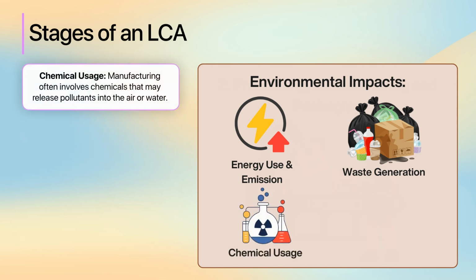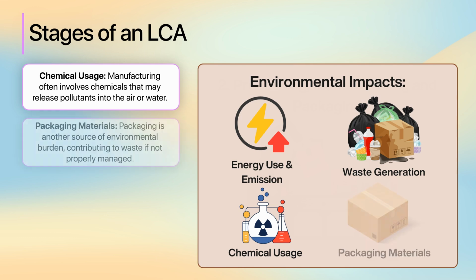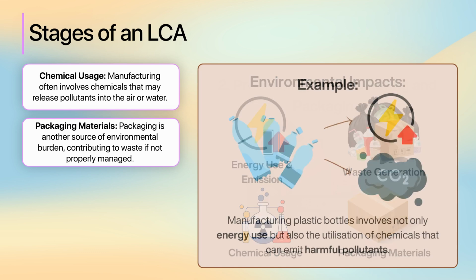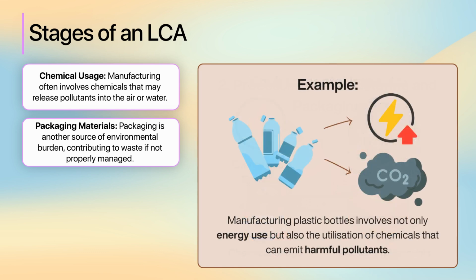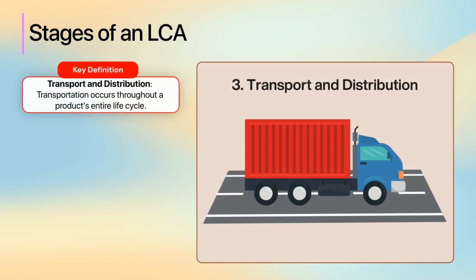Manufacturing often involves chemicals that may release pollutants into the air or water. Packaging materials. Packaging is another source of environmental burden, contributing to waste if not properly managed. For instance, manufacturing plastic bottles involves not only energy use, but also the utilization of chemicals that can emit harmful pollutants.